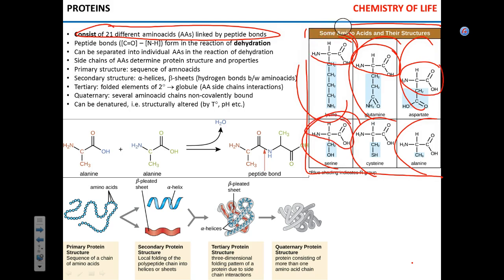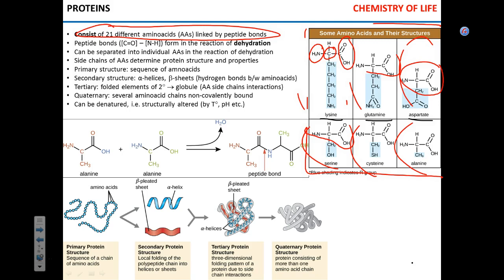You have an amino group, you have a carboxyl group, and you have a central carbon. And you will find it in any amino acid in the human protein, whether it's lysine or glutamine or aspartate.